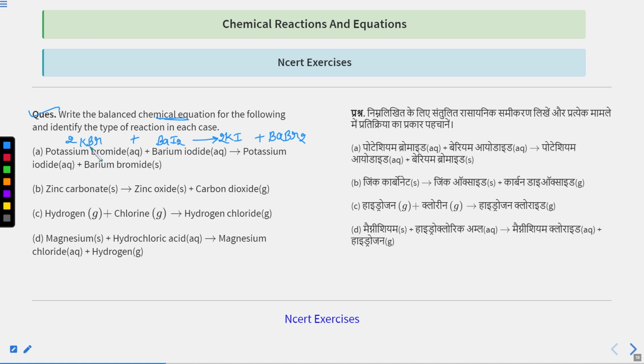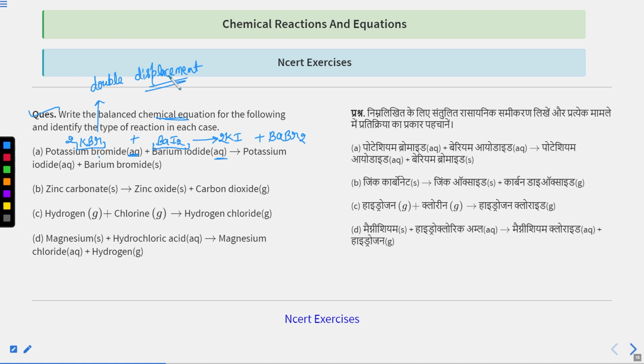Now you can see here KBr is a compound, BaI2 is another compound. So actually two solutions are there, right? Potassium bromide in aqueous form and barium iodide in aqueous form. You know very well that in a double displacement reaction, exchange of ions will take place. In this reaction, the same thing is happening.